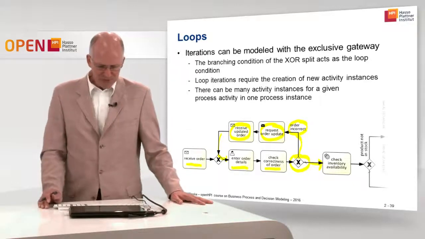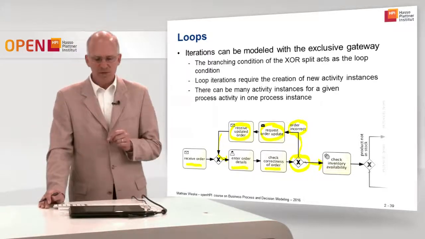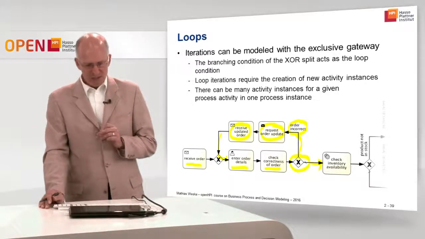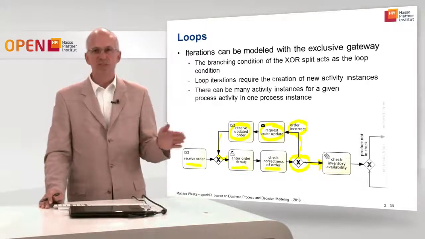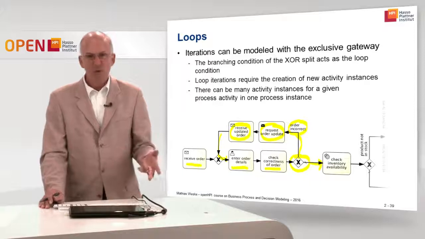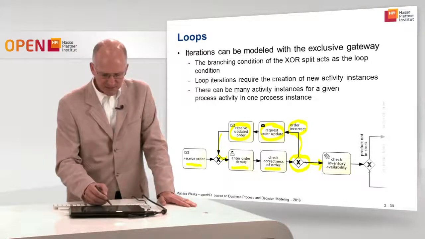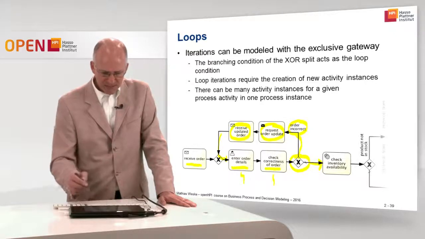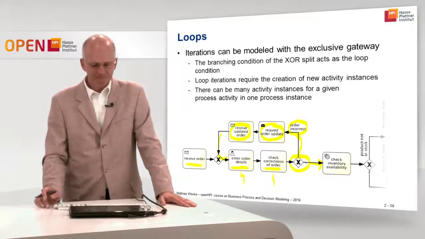So far, all our process models had one activity instance for each activity that occurs in the process model. Here it's more, because in the second iteration of the loop I have the second activity instance of enter order details and the second instance of check correctness of order.